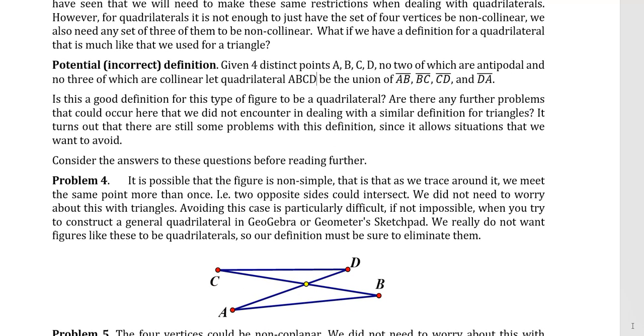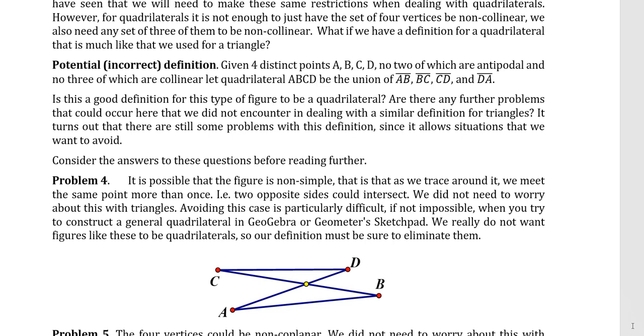Well, here's a problem that comes up. It's possible the figure could be non-simple. That is, as we trace around it, we meet the same point more than once, in addition to starting and stopping at the same point. In other words, two opposite sides could intersect. We did not need to worry about this with triangles because it just never happened.